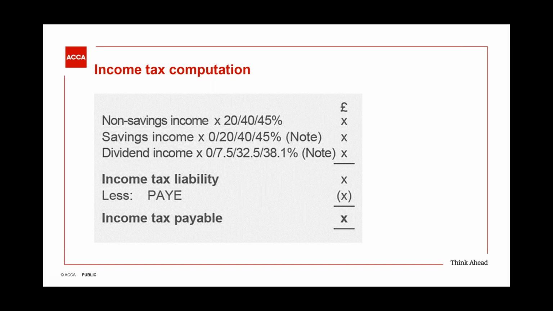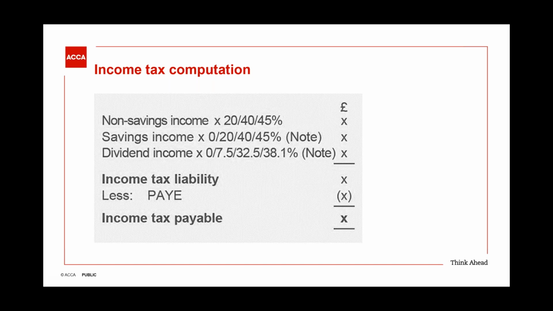And if you are a higher rate taxpayer, 500 pounds of your savings income is subject to savings nil rate band. But if you are an additional rate taxpayer, you're not entitled to any savings nil rate band. Then any other savings income, depending on whether you are a basic rate taxpayer, higher rate taxpayer, or additional rate taxpayer, you have to pay taxes at 20%, 40%, and 45%.